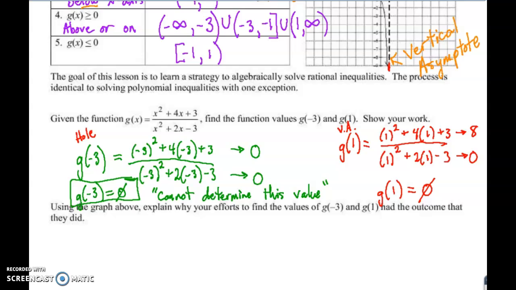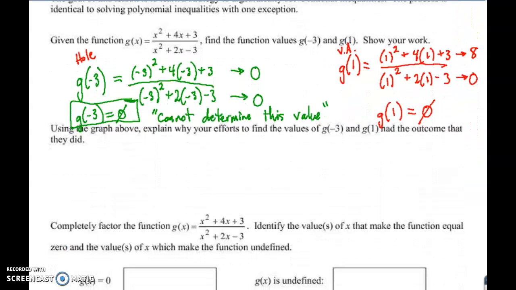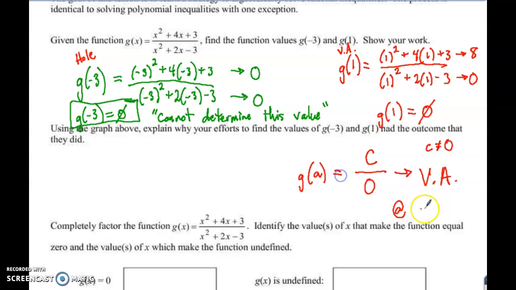And the premise is that if you plug in and you get some constant, and that constant is not 0, I'm using C for constant, divided by 0, that's your clue that it's going to be a vertical asymptote at that x value. Let me call it g of a at x equals a.